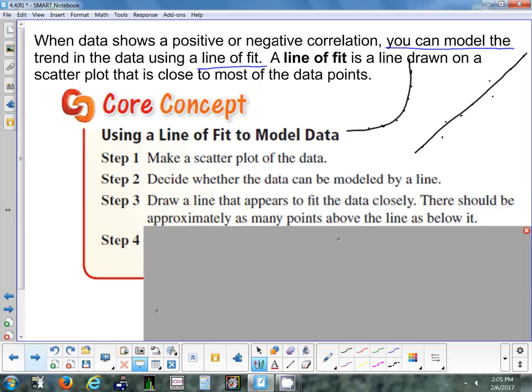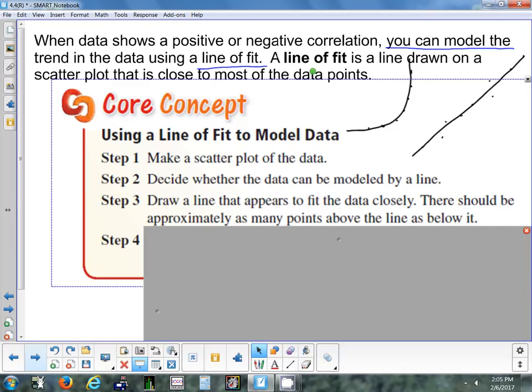And they give you a hint that you should have the same number of points above and below the line. So if I look at my line, looks like I've got 1, 2 above it, and I've got 1, 2, 3 below it. And there's a bunch of points that were right on it. 1, 2, 3, 4, 5.